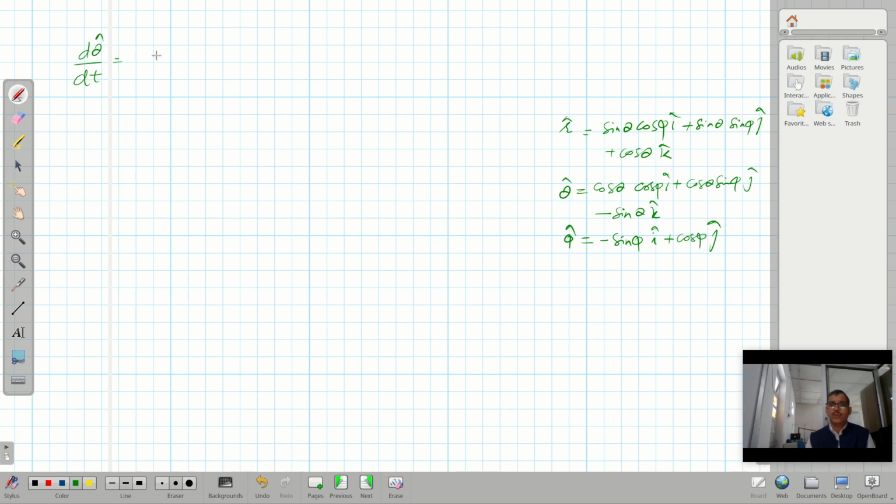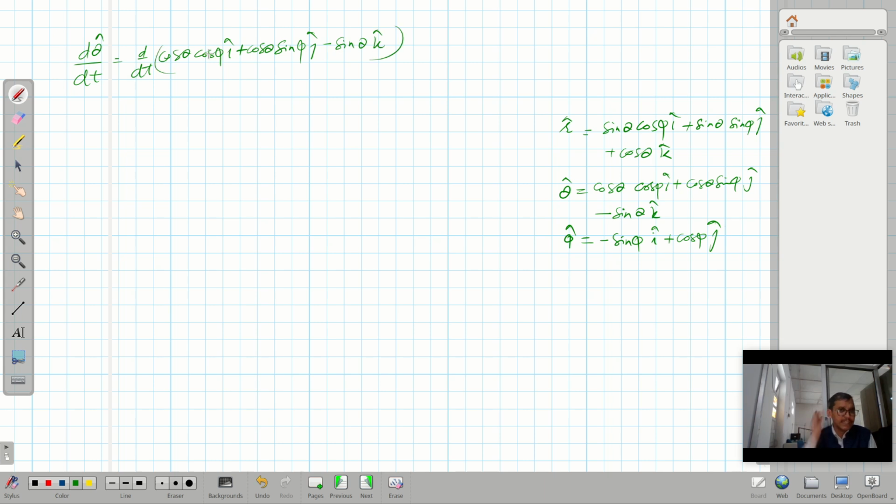So let us find the derivative of theta cap. It is d upon dt of cos theta cos phi i cap plus cos theta sine phi j cap minus sine theta k cap.